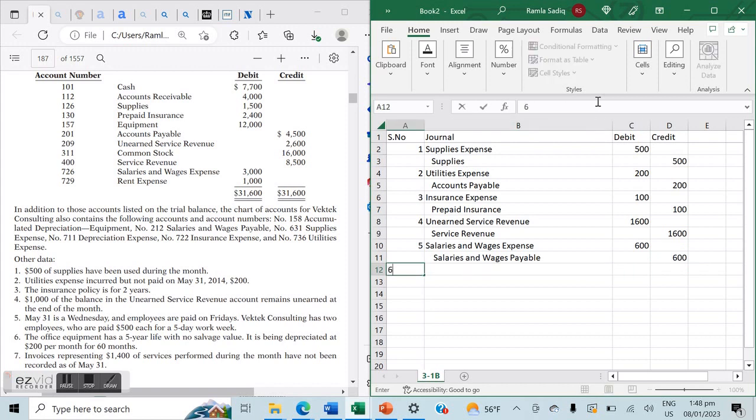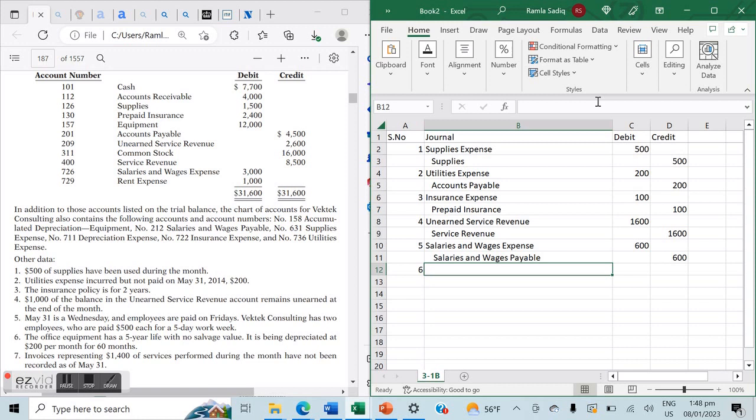For entry number 6, we have the office equipment has a 5-year life with no salvage value. It is being depreciated at $200 per month for 60 months. So because they've given us the amount, we're just going to go ahead and utilize that.